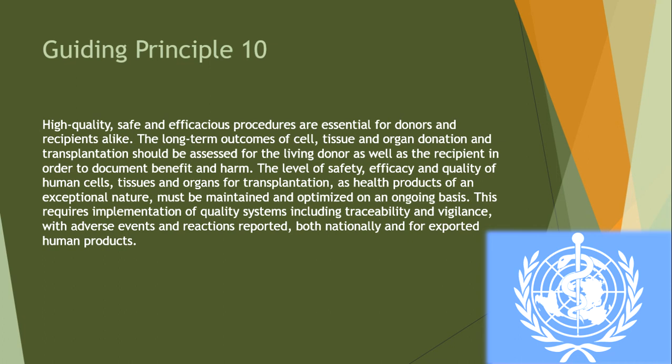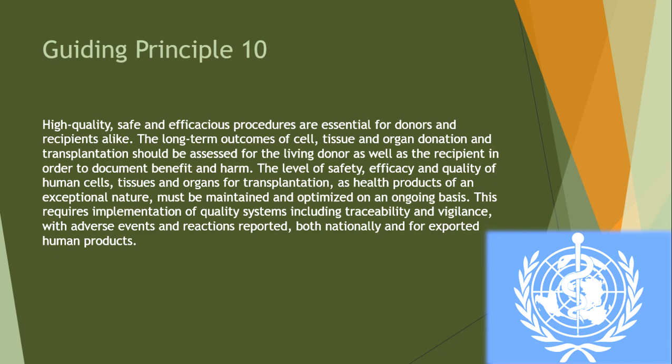The long-term outcomes of cell, tissue, and organ donation and transplantation should be assessed for the living donors as well as the recipients, in order to document benefit and harm. The level of safety, efficacy, and quality of human cells, tissues, and organs for transplantation, as health products of an exceptional nature, must be maintained and optimized on an ongoing basis.